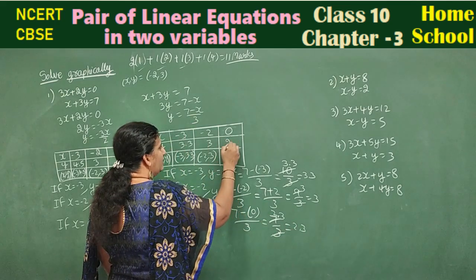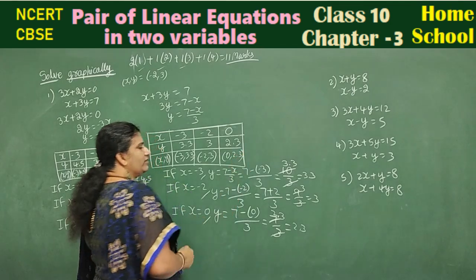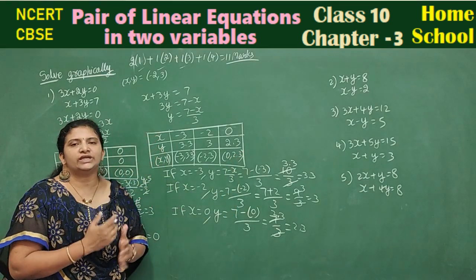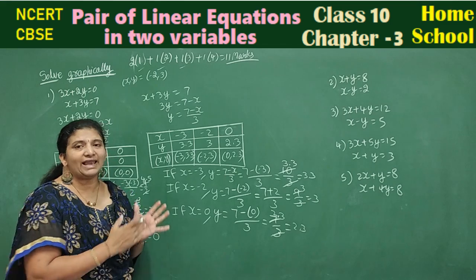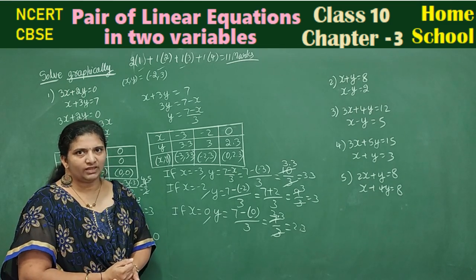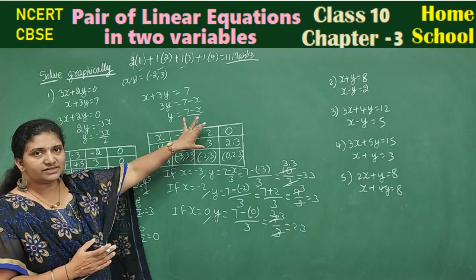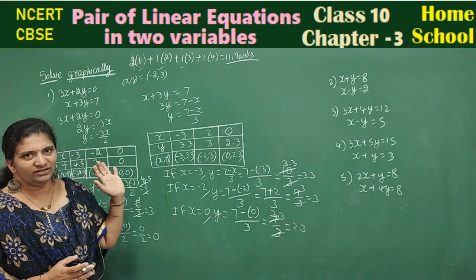So you are going to get 0 comma 2.3. So like this, you need to complete the calculation part beside the graph sheet. Calculation is very important.